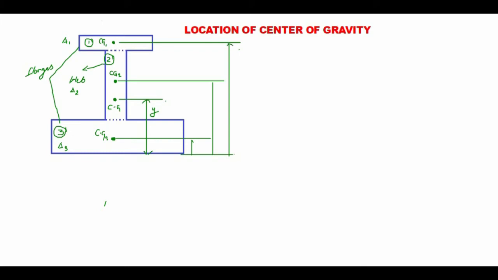Let the center of gravity of the first flange be at a distance of y1 from the bottommost layer, the center of gravity CG2 of the web at a distance of y2, and the center of gravity of the lower flange at a distance of y3 from the bottommost layer.